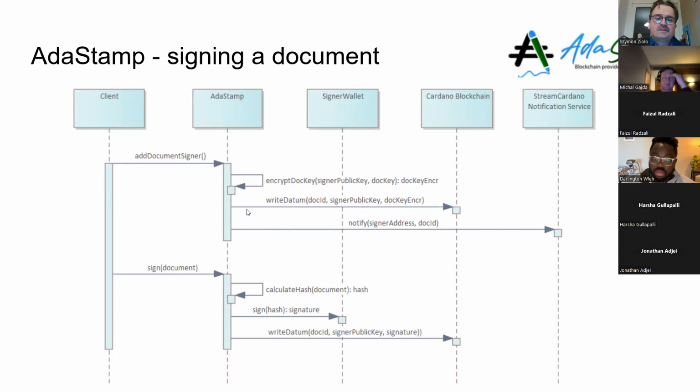It's more or less the same as on the previous slide. The only difference is that we encrypt with the signer's public key, not with the owner's public key, because we want to give the rights to the document to the signer, the person who will sign the document.